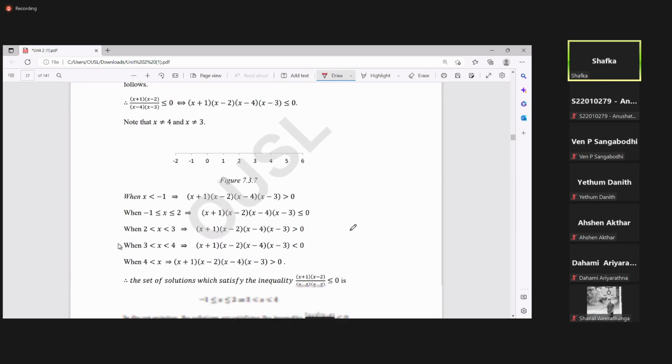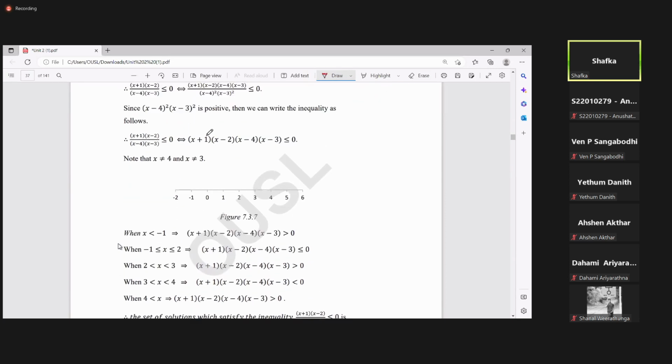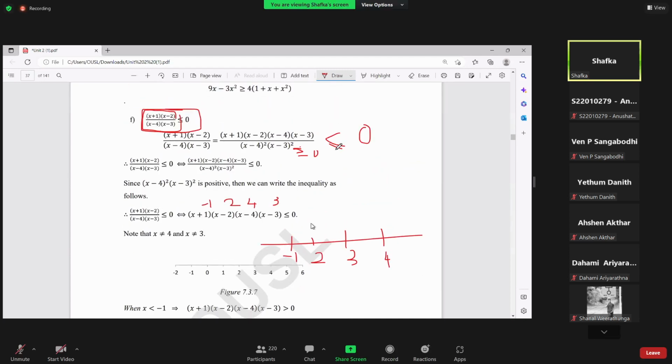Now you have to consider the critical points. Critical points are minus 1, 2, 4, and 3. So now you have minus 1, 2, 3, and 4. Since you have the equal sign, less than or equal, these should be satisfied.